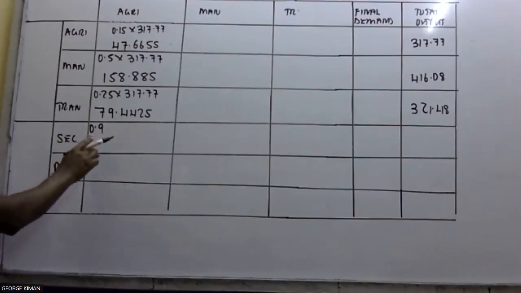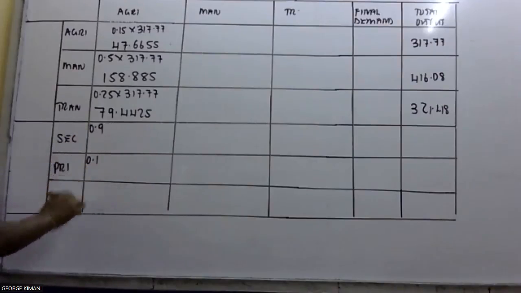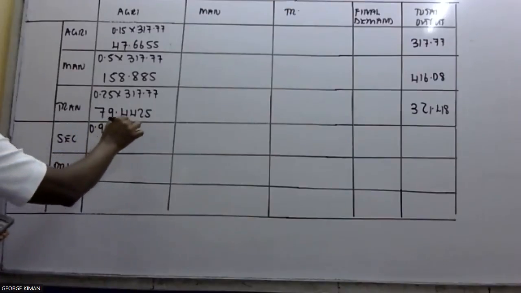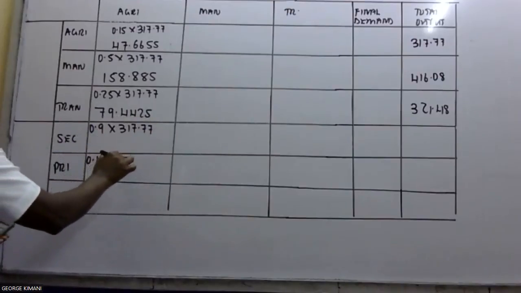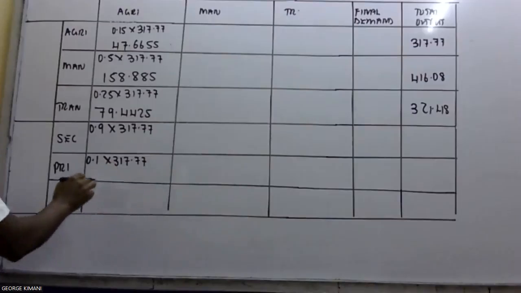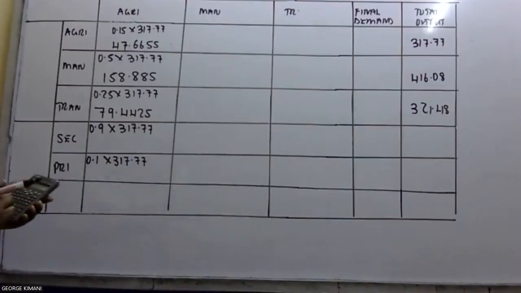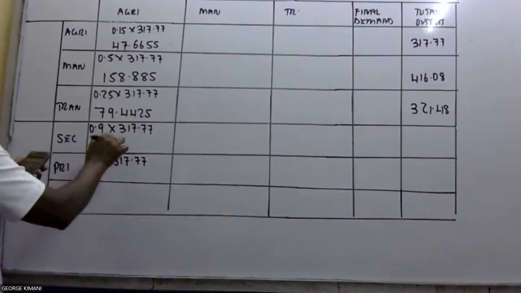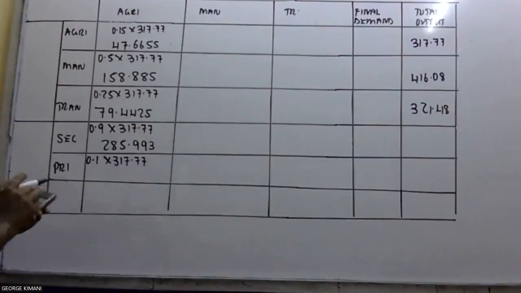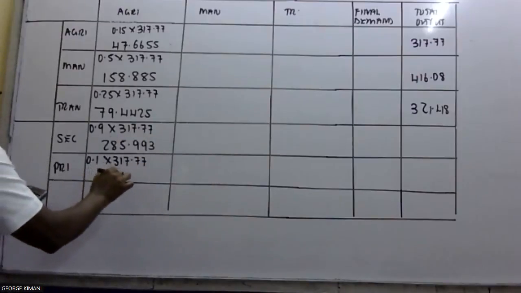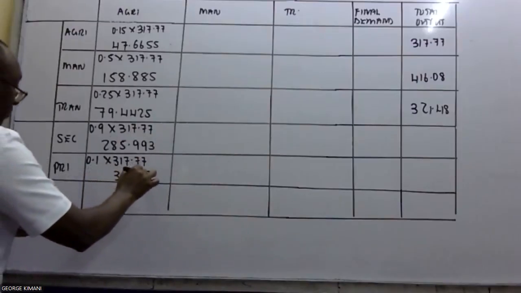So primary tells you it is what remains for this to be 1. So it is 0.1. So 0.1 times 317.77 is 31.777. Here is another one, 31.777.